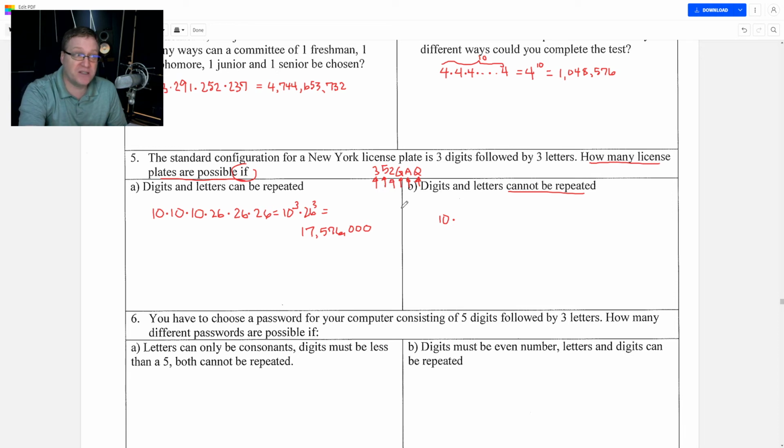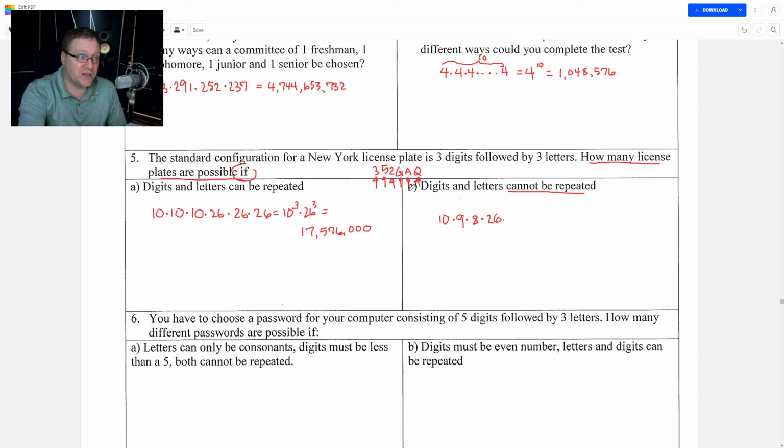Well, there are 10 digits, but we already used one here, and we can't use the same one again. So how many digits are left? 9. So now we can only use 9 here. Then we go here. How many digits are left for this one? Well, we've already used 2 of them, so there's only 8 left. All right. Then we go to here, and now we need a letter. And how many letters are there? 26.